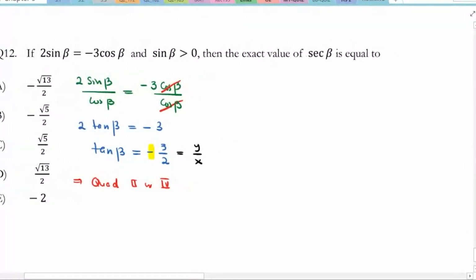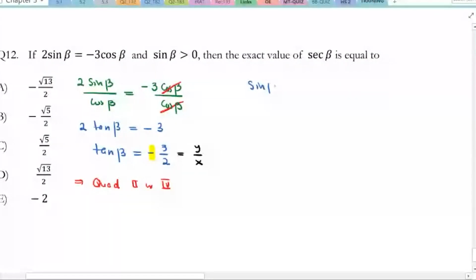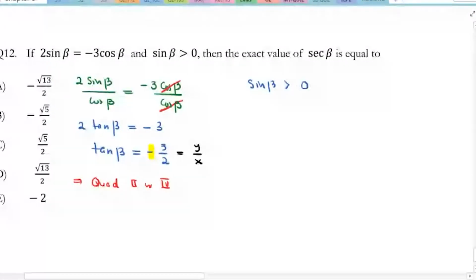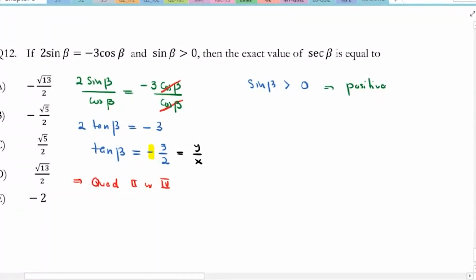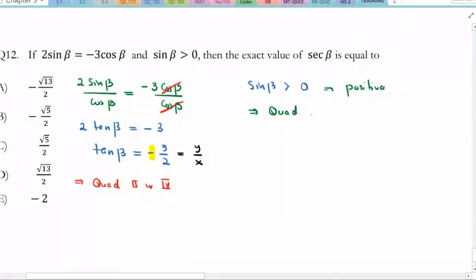Now, let us go here. The question gives us information also about sine. It says sine of beta is greater than 0. Sorry, sine is positive. Now here, in which quadrants is sine positive? The quadrants will be quadrant number 1 or quadrant number 2.